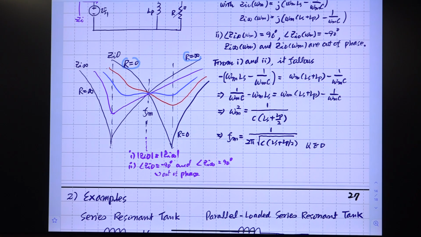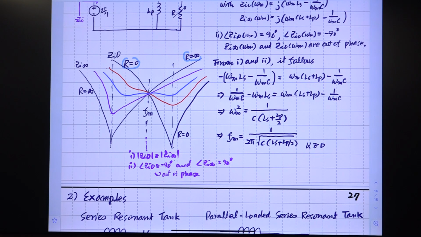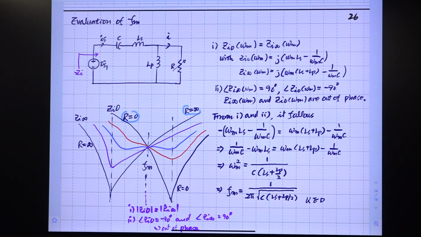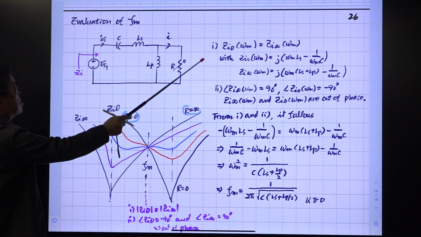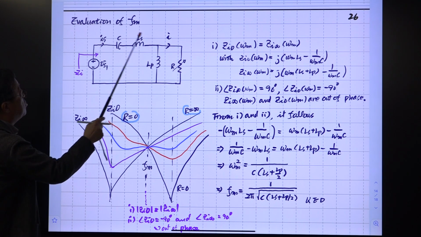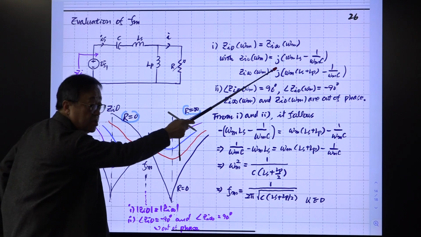Okay, so we are trying to find out the expression of this frequency. Procedure: GI0. 0 means this is shorted. Then the magnitude of this one is just the summation of the reactance of this, which is this.